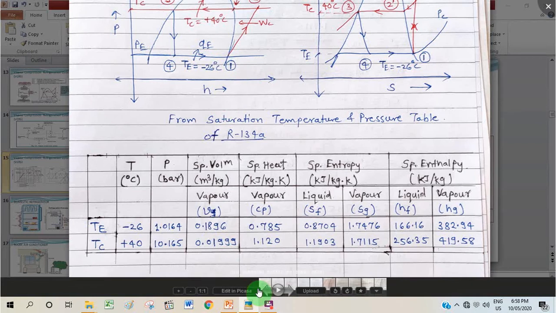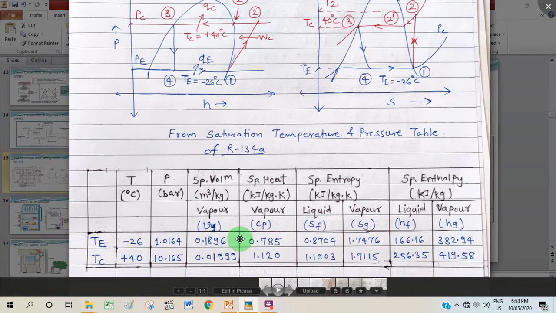For state 1, that is the saturated vapor condition. Now see, these are the values available for saturation condition, that is saturated vapor and saturated liquid conditions. Point number 1 and point number 3 are coming onto the saturated condition, so these are directly available. We don't need to evaluate or calculate anything from this.